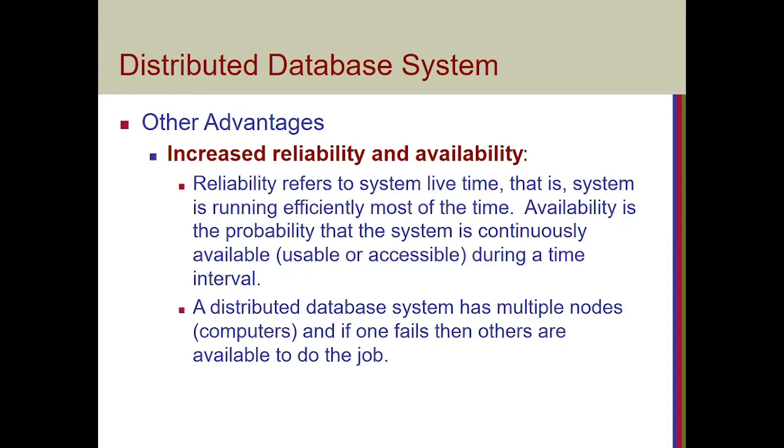We'll have increased reliability and availability. It's common sense. If you have multiple copies scattered all over, then availability of this data is going to be enhanced, because if one copy gets corrupted within a particular site, you can always have a better copy on the other sites.